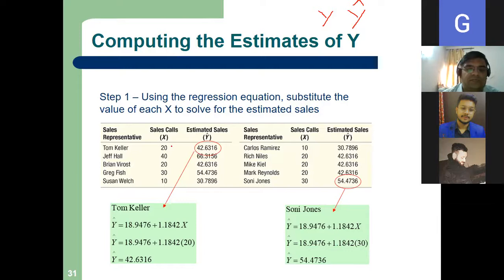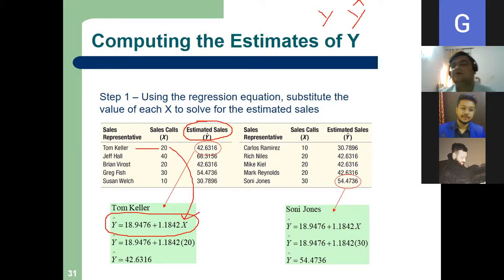For the first salesperson, I can calculate the estimated sales, or predicted y, using this equation. Put x equals 20 in this equation and we get the predicted y, which is 42.63.